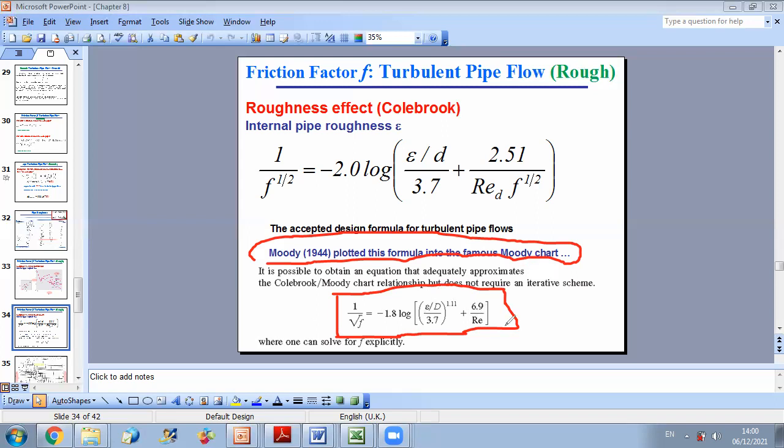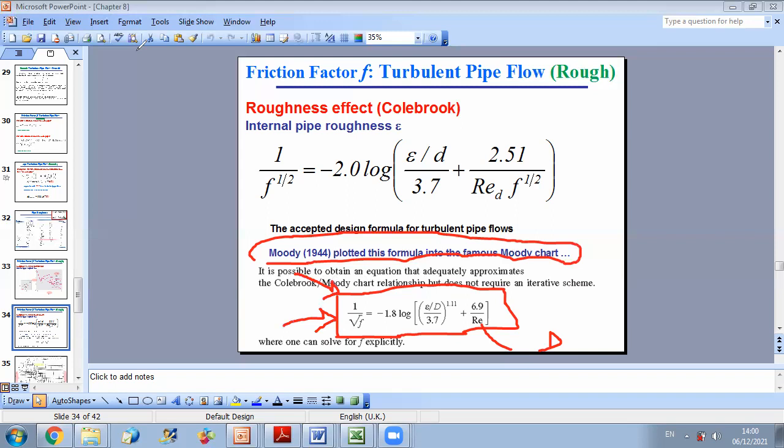Sometimes Reynolds is a function of D, and if D is unknown and I want to get D using this relation, it is quite complex. I need a powerful calculator, or I should do trial and error. To avoid this, we use the Moody diagram, which is just a plot of this empirical relation, obtained from curve fitting techniques.